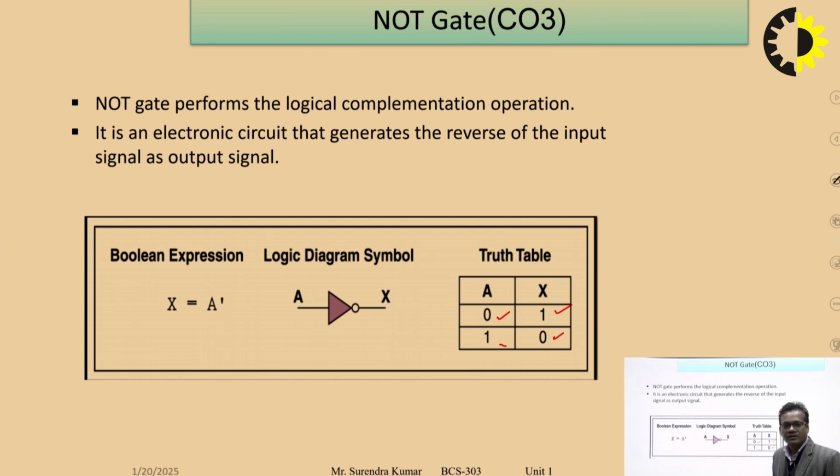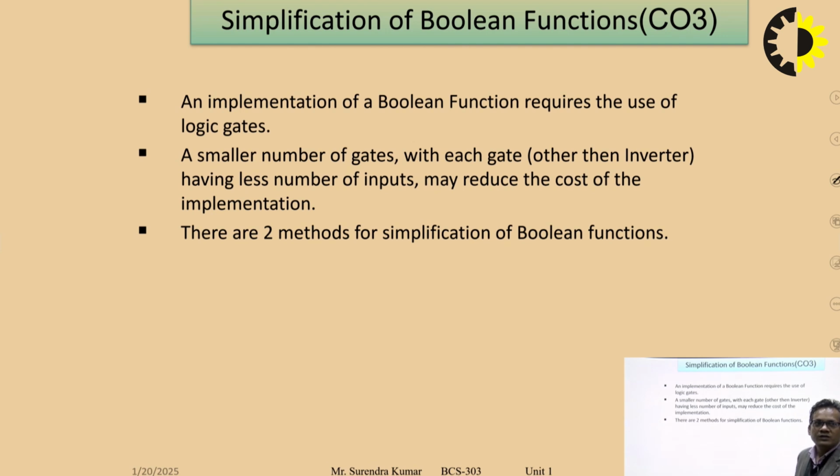This is the NOT gate. So simplification of a Boolean function and implementation of a Boolean function require the use of logic gates. The use of logic gates should be minimized, and for that the Boolean functions should be simplified. This simplification is done with the help of two methods.